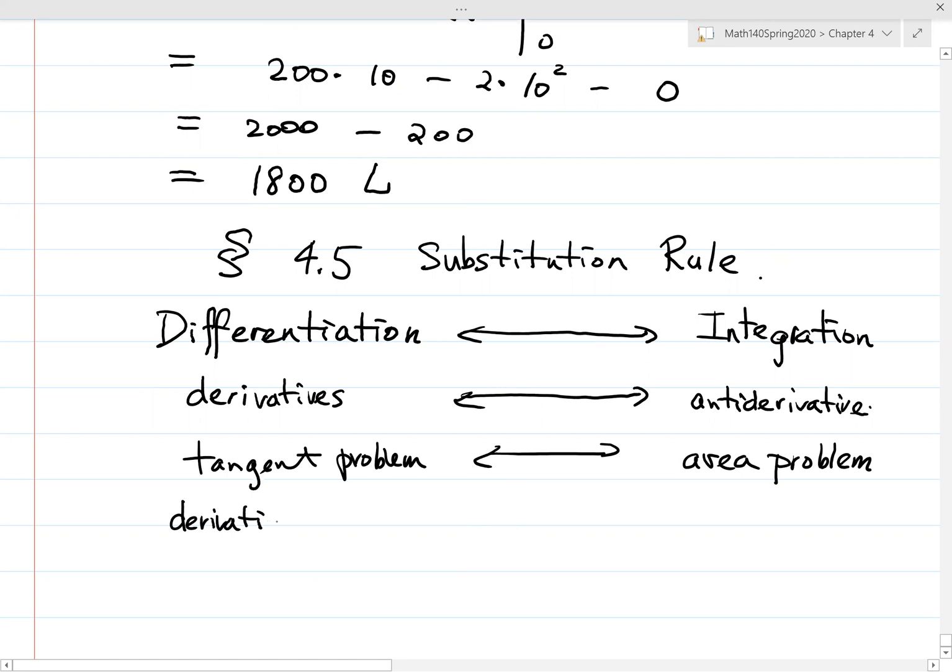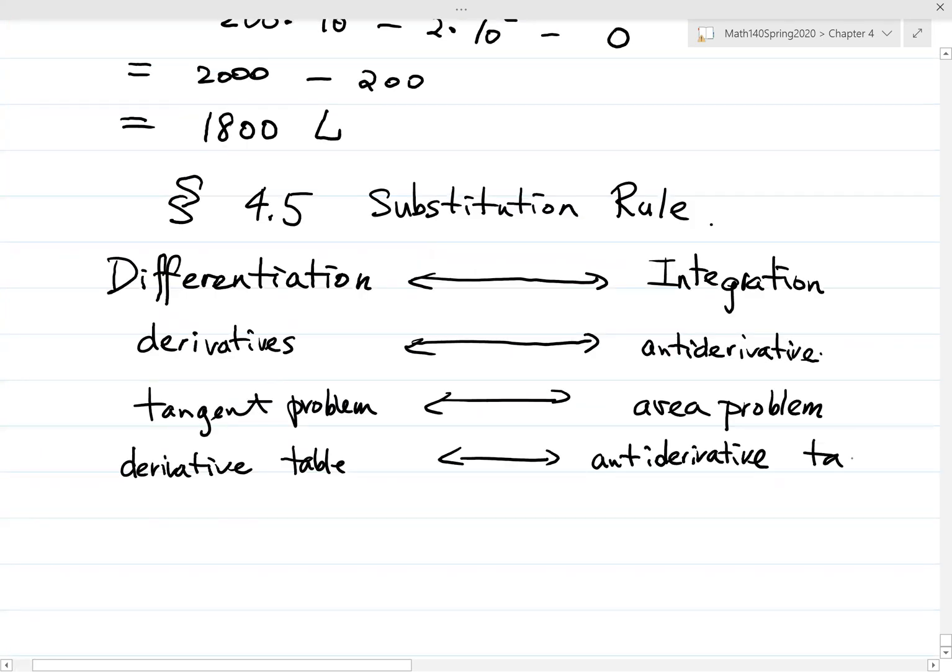Derivative table, differentiation table. On this side we have antiderivatives: we write the derivative backwards, switching the input with the output, and then we get the antiderivative. For instance, we have certain rules here, and they are inverse.